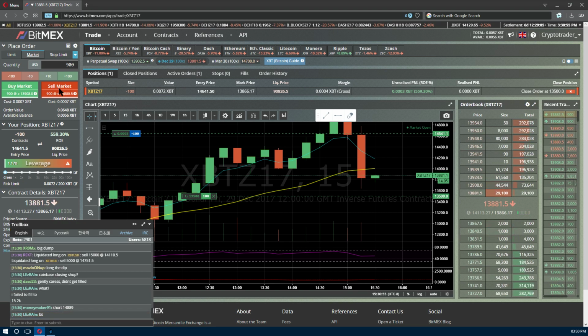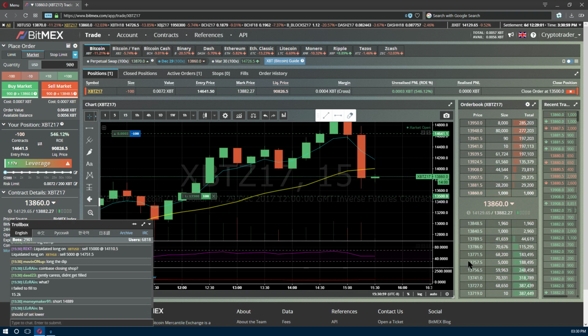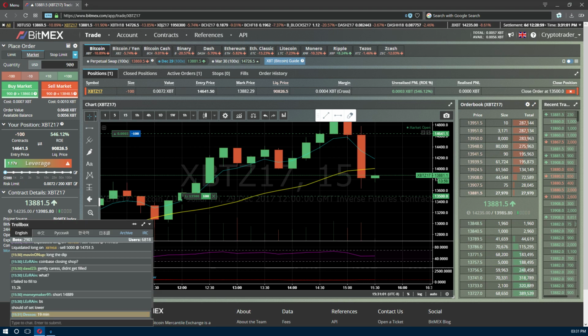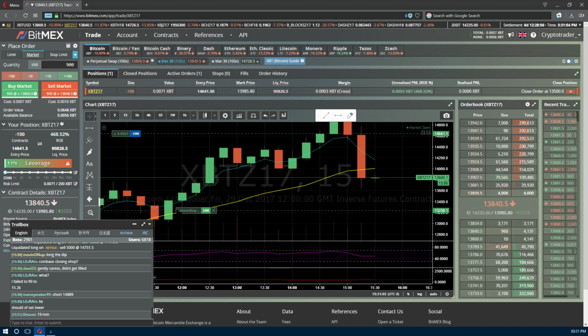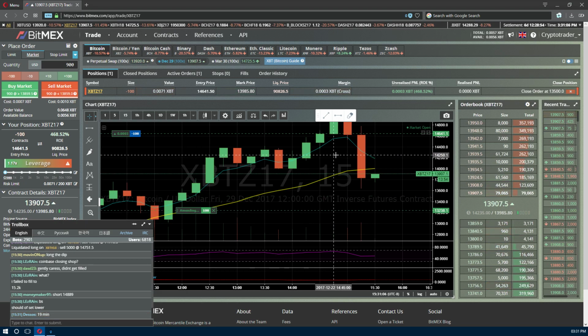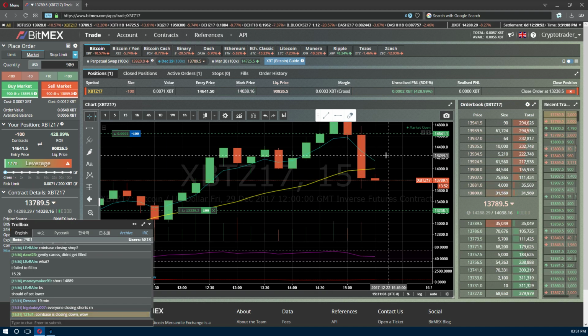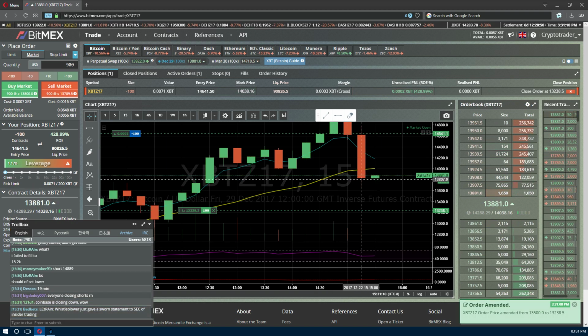If this bar right here turns red, it's a 15-minute bar, so I'm gonna slide this down. Stop. I want to enter a stop right here, but it's moving so fast. It's turning red.